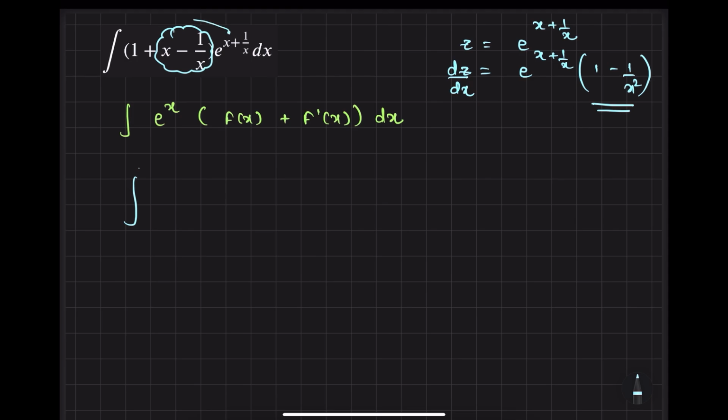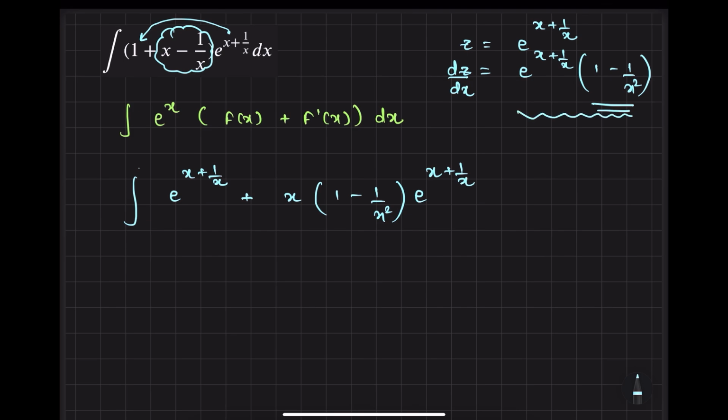First I will multiply this with this, so it is e power x plus 1 by x, plus I will take x common and then 1 minus 1 by x square, with e power x plus 1 by x.